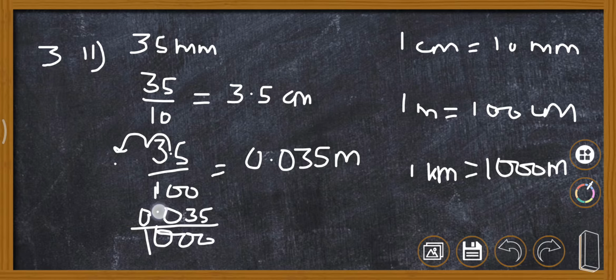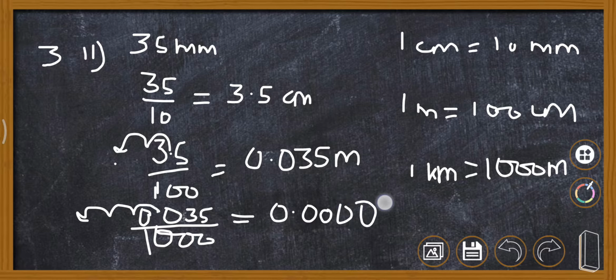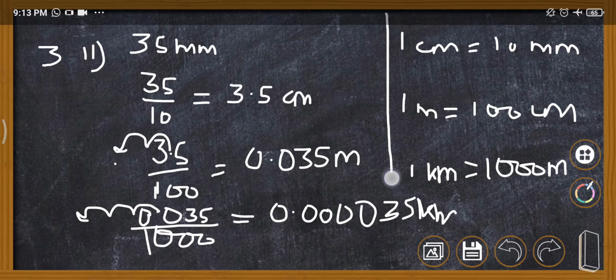Now this decimal we move 3 places, 1, 2, 3, because here we are dividing by 1000. So the answer will be 0.00035 kilometer. Okay, this you will write in the margin line.